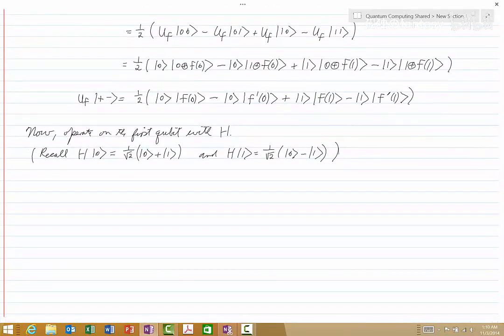So if we operate on the first qubit of UF, of this right here, of UF with plus minus, if we operate on the first qubit with H, then what will we get?